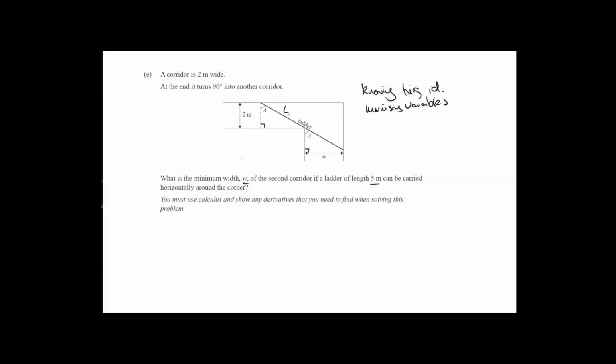So we could call this one L1 and this one L2 and add them together, but I'm not going to do that. I'm just going to call this from here to here L, and I'm going to call this 5 minus L, I think. Just minimize these straight away. So A is the same, W is the same.